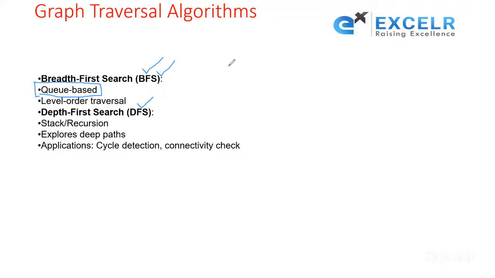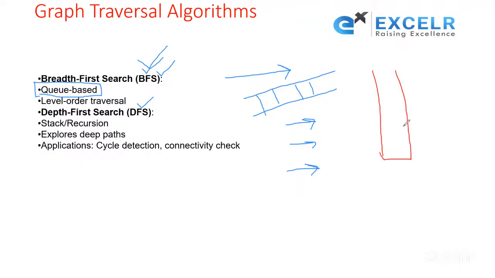So always remember when it is breadth, breadth means horizontal. When it is horizontal, we make use of a queue. So it is queue based, or we can say it is level by level. One level, then another level, then another level. So this is BFS. When it is DFS, D means depth. Depth means vertical, and the data structure is a stack, push and pop, right?